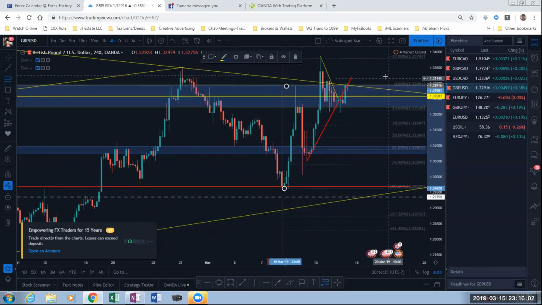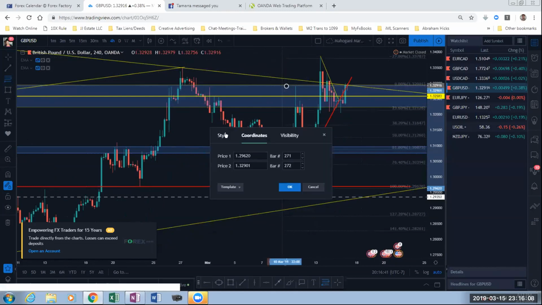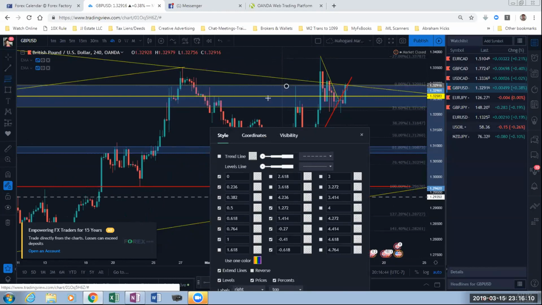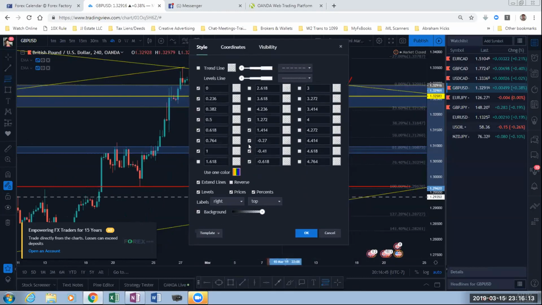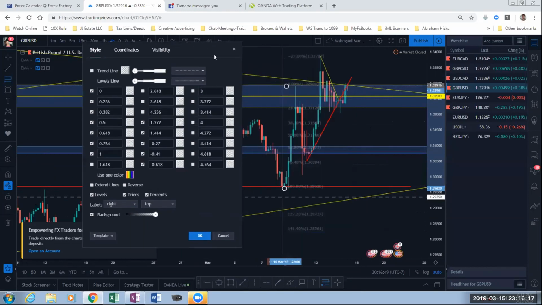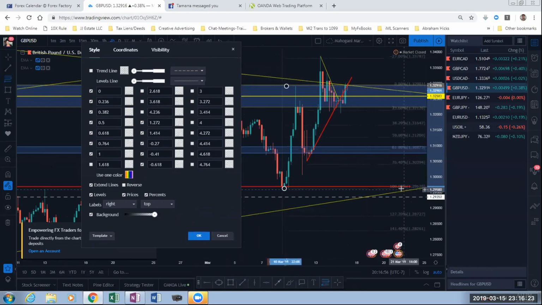To pull my Fibonacci all the way over, I simply click on my little setting dial and I go to style. On this little box, I can push extend lines. See, if it's unclicked, it's all together and I can't see it. If I click extend lines, it pushes to the side.